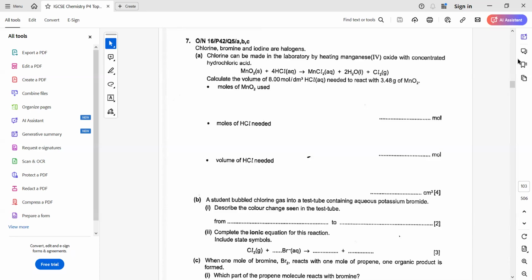So the question here talks about that we have to find out the number of moles of MnO2 used, and number of moles of HCl needed, and volume of HCl. Okay, so that's the question.